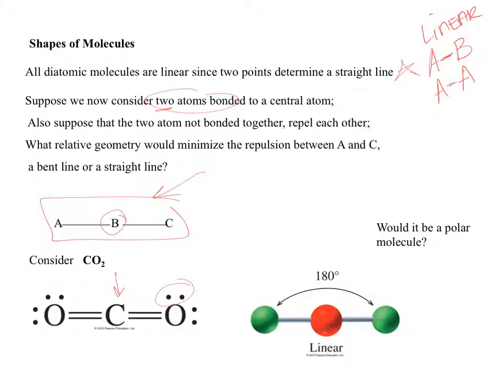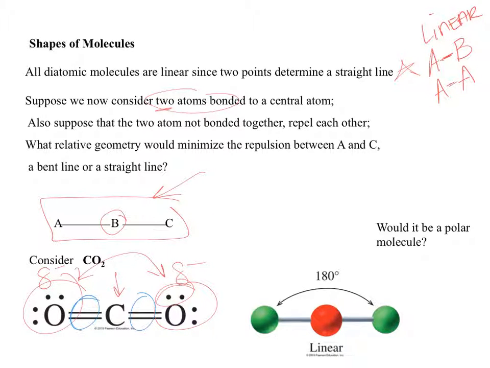Suppose that the two atoms not bonded together repel each other. What relative geometry would minimize the repulsion, a bent or a straight line? In other words, two oxygens, both considered partially negative, are going to repel each other. They want to be as far away from each other as possible, as do the electrons in these bonds. Electrons are negative, so they're going to repel each other.